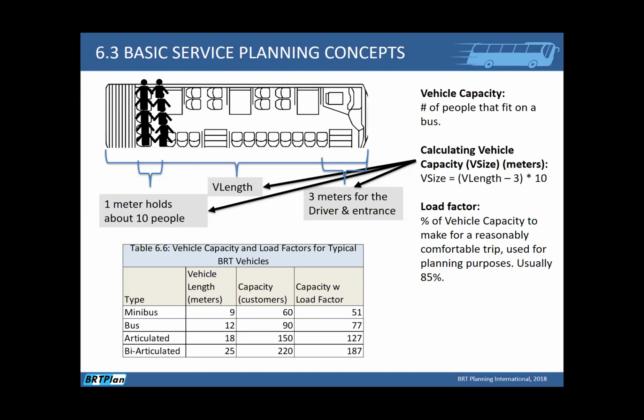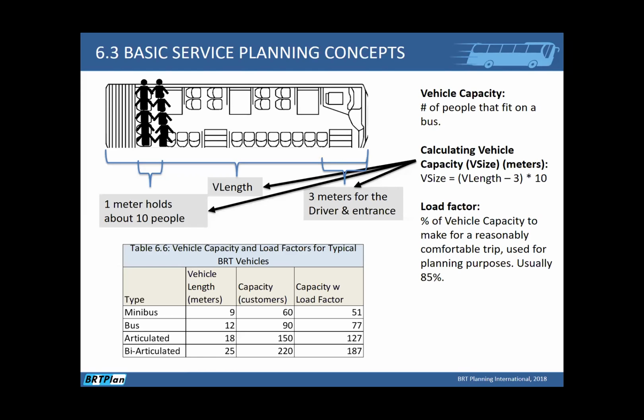That usually consumes about 3 meters of the length of the bus. And then each of the remaining meters of length usually can hold about 10 people at capacity. That's going to be a very crowded bus. And usually you don't want to design around that number. You want to give the service a little bit of wiggle room, so you use a load factor of 85%.